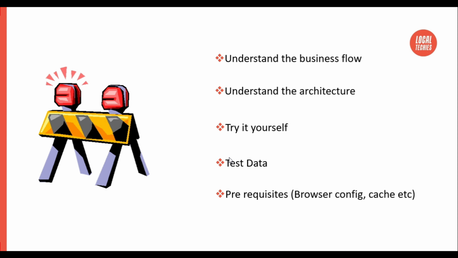You need to understand the application prerequisites, like browser configuration, what type of browsers it's going to support, and the versions of browsers it supports. Next, what is the behavior of the cache and cookies in your application, and is there any prerequisite that is applicable for our application to work. This will also include your environment readiness.